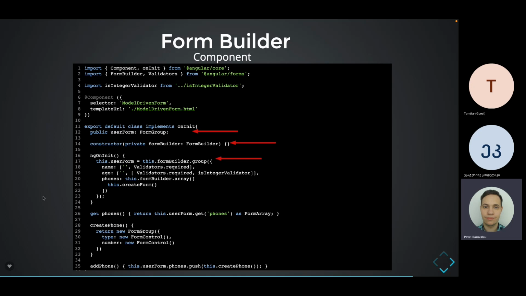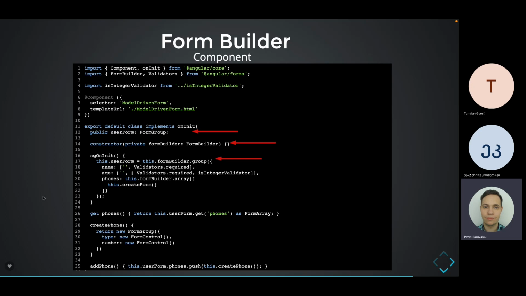In case we need to provide just the initial value of the control, we just pass the value, either string or number, etc. If we also need to define validators along with the initial value of the control, we use an array.